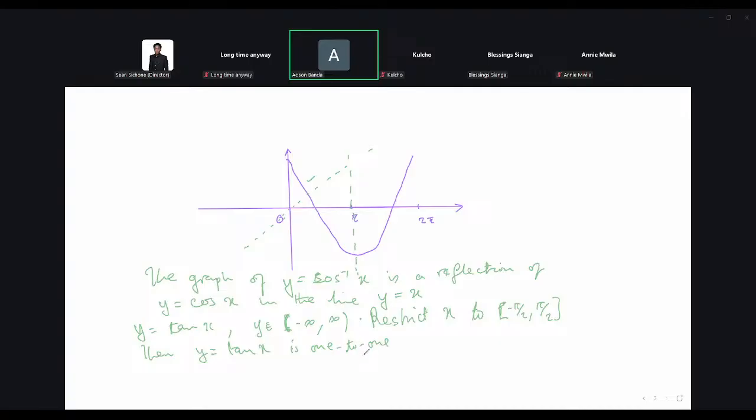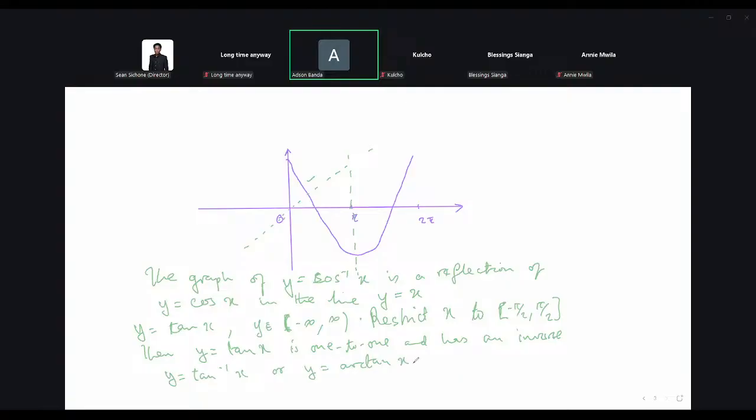And of course, it is onto. And the inverse, of course, we'll write it in a similar way. So the inverse is y is equal to the tangent inverse of x, or again, y is equal to arctan of x. It's one word, no space.